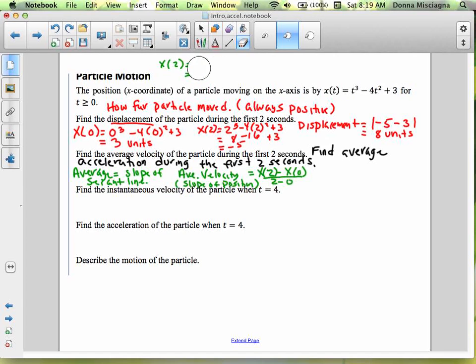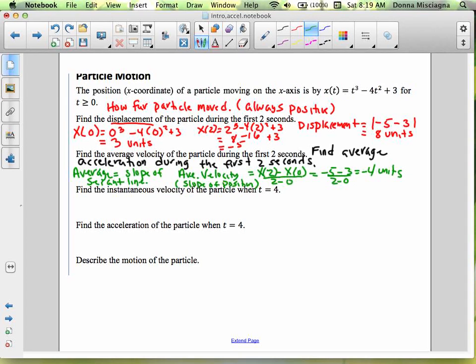These numbers sound really familiar. So x of 2 was negative 5. Negative 5 minus 3 divided by 2 minus 0. That's going to be negative 4 units per second.